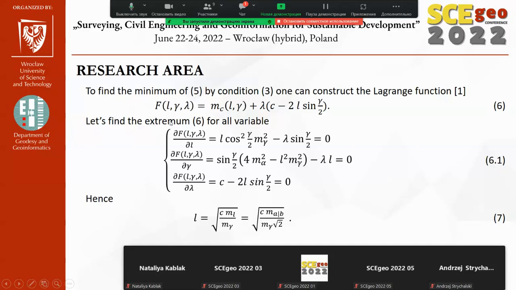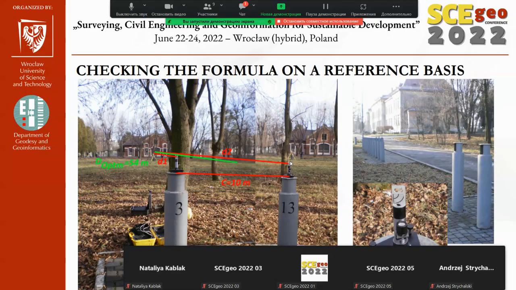Let's find extremum for all variable, and we write 6.1, and solving this system you will obtain formula which call it for two offered Litynskyi-Fys, to check this formula on reference basis.